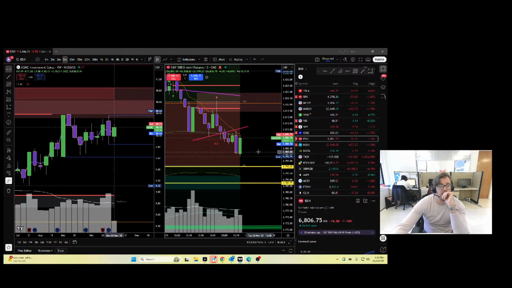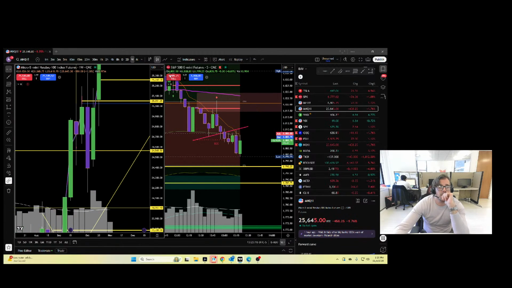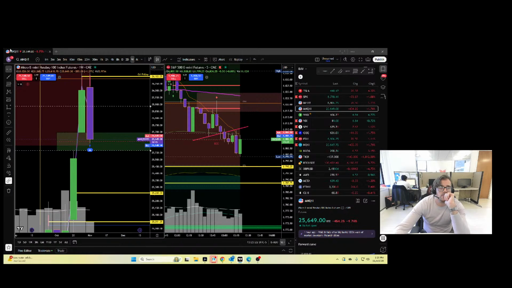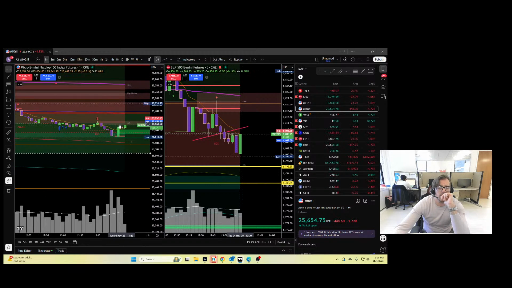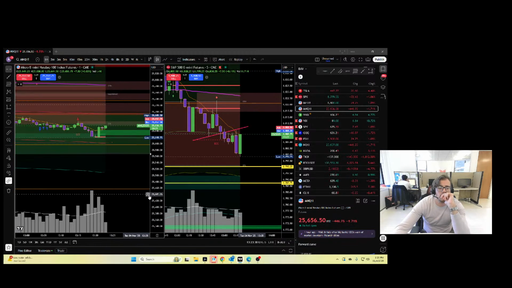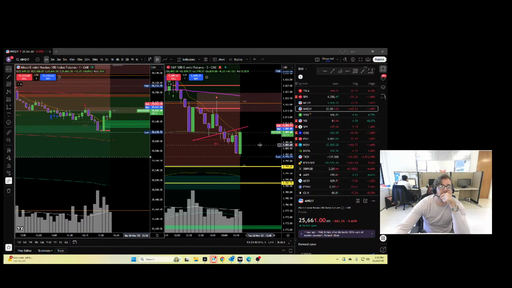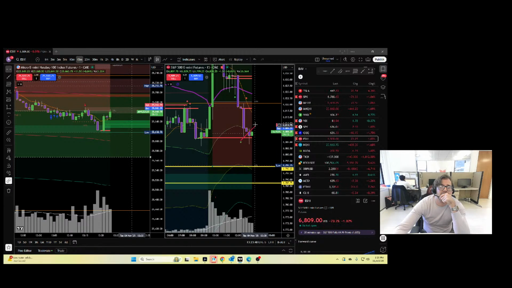Wow, that was a big reversal. Yeah, 50%. 50% of that gap. Not that much. Well, just bounced. How many points is that? 30, 40, 50. Yeah, it's very bullish now. If I look on the 15, yeah, bullish pin bar.